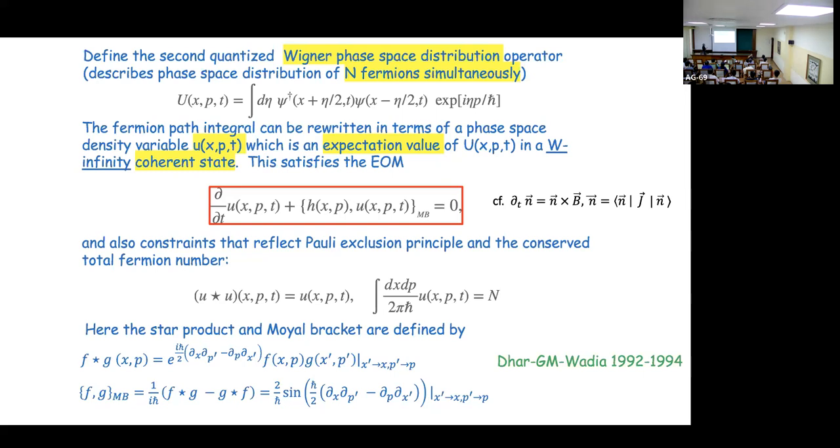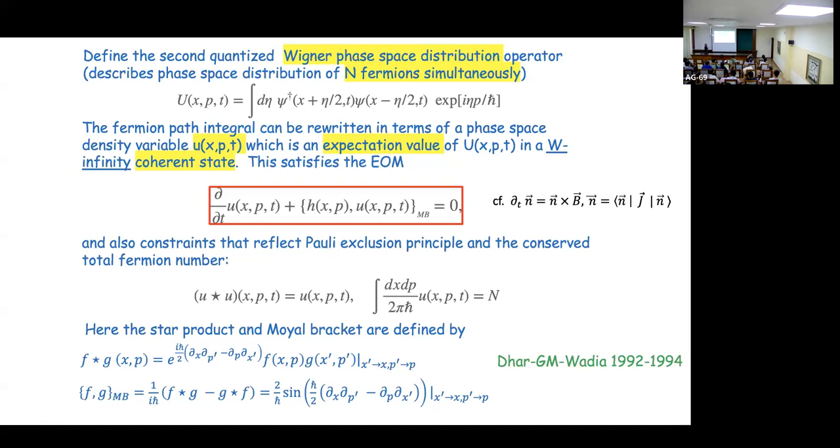Now, it's a very important idea that we're going to introduce here. It's not our idea. This is the idea of coherent states. There is a certain algebra in single particle dynamics. It's called the W infinity algebra, related to just the Heisenberg algebra actually. I'm going to explain all of this.